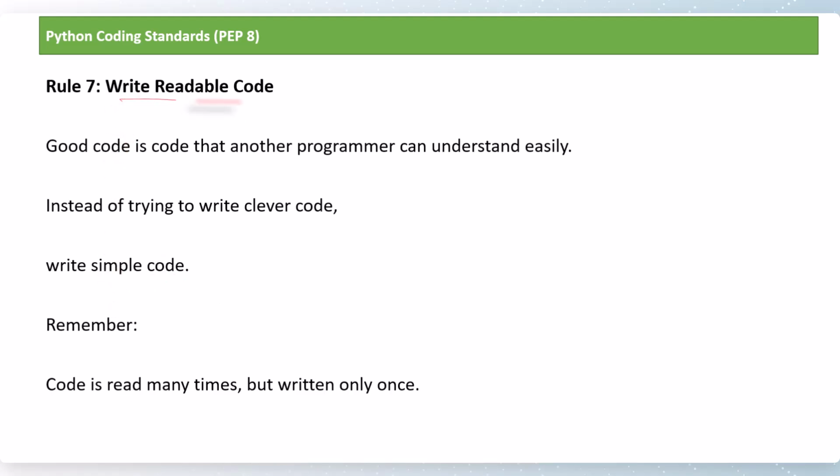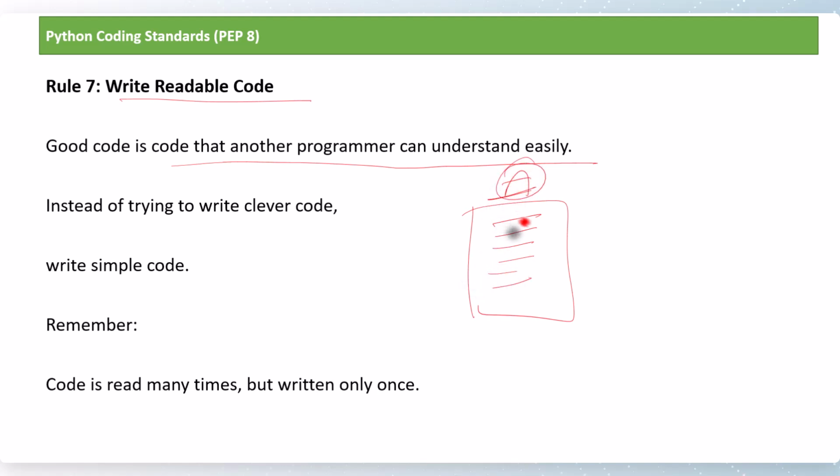Write readable code. This is the primary thing. Good code is code that another programmer can understand easily. For example, this is your code. You are person A. You wrote this code. If I give this code to some other person B, this person must understand this code. That is what good code is: code that another programmer can understand easily.